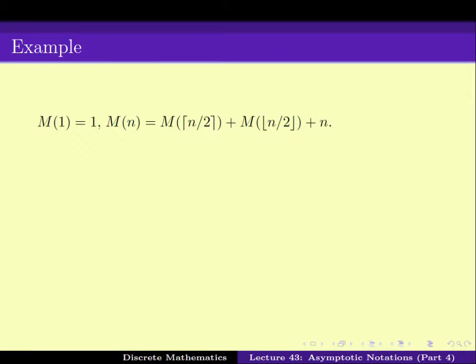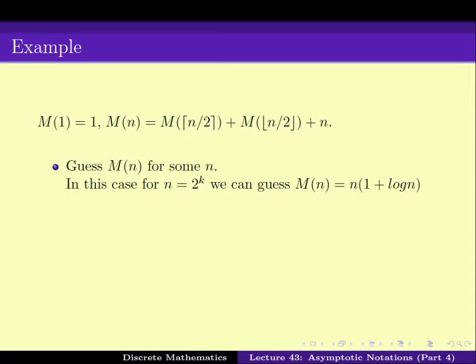The question is, how do we solve such a recurrence? The trick is, first of all, you have to guess m of n for some n. You have to get a feel for it. In the last video, we saw a few more examples of the same kind. So here, for example, if you put n to be a power of 2, then you can guess that m of n equals n times (1 plus log n), which basically means it is n log n.